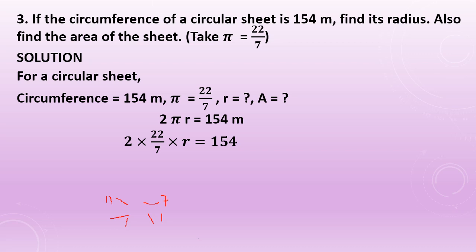Keep r only on one side and 2 into 22 upon 7 can be shifted to the other side of the RHS. Therefore, r equals 154 multiplied by 7 whole divided by 2 into 22. While cancelling 22 and 154, we get 7 in the numerator and 1 in the denominator. So, r equals 49 upon 2 or 24.5 meter, which is the radius of the circular sheet.